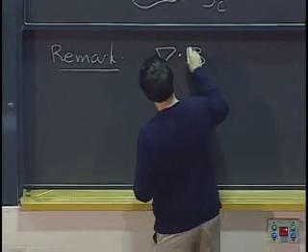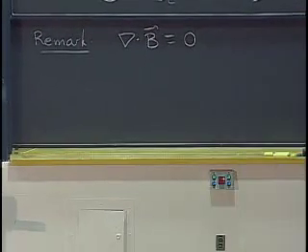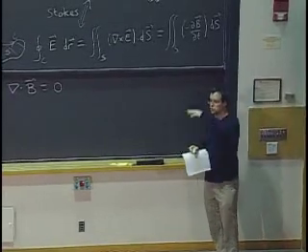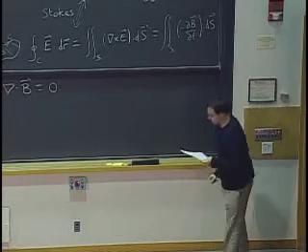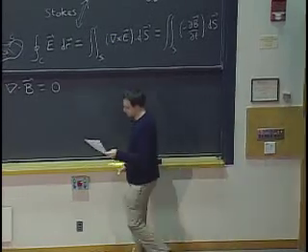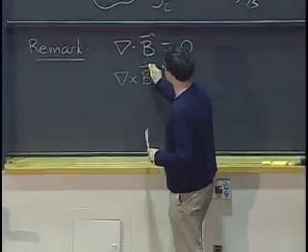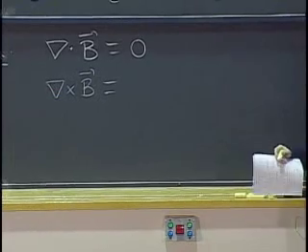So one of them says that the divergence of the magnetic field is 0, which somehow is fortunate because otherwise you would run into trouble trying to understand surface independence when you apply Stokes' theorem in here. And the last one tells you how the curl of the magnetic field is caused by motion of charged particles.